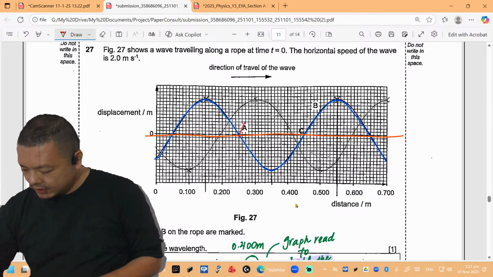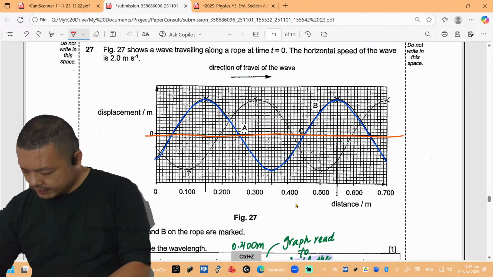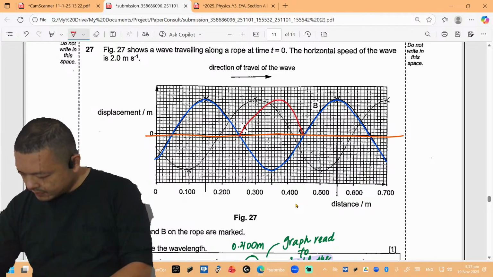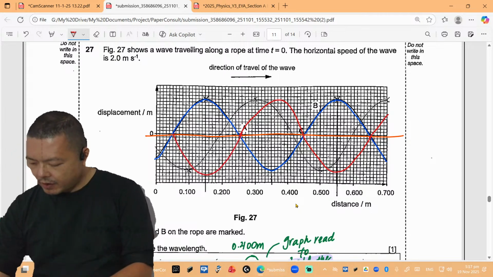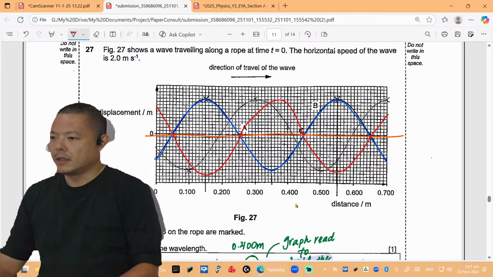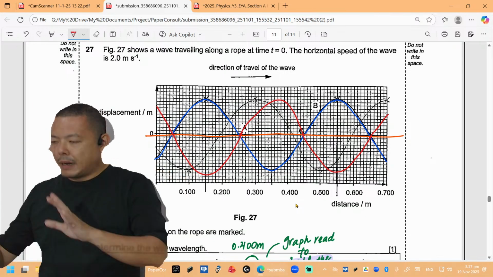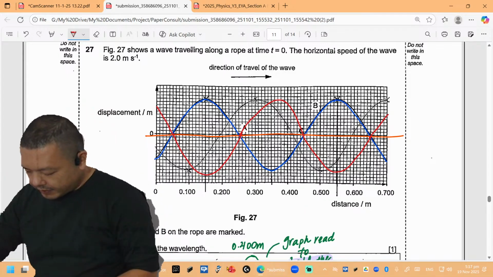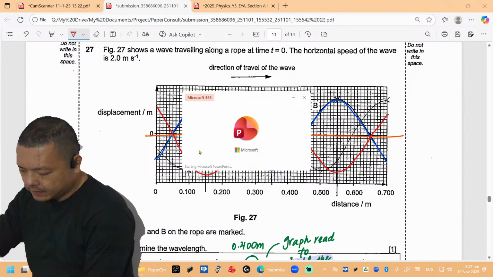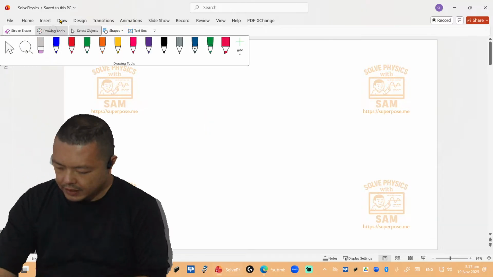You basically have to just draw the opposite, like you flip the wave around like that. Yeah, you just flip it over like this. But it actually means that it has moved like this. Right, let me show you very quickly, in case you can't visualize it.